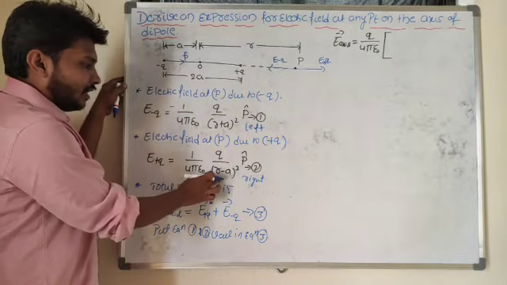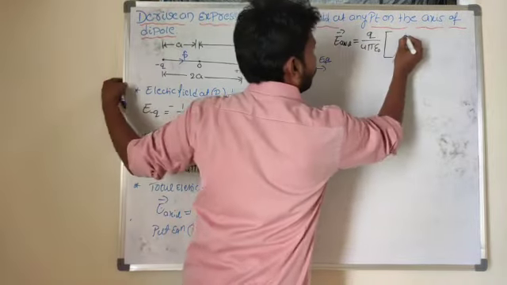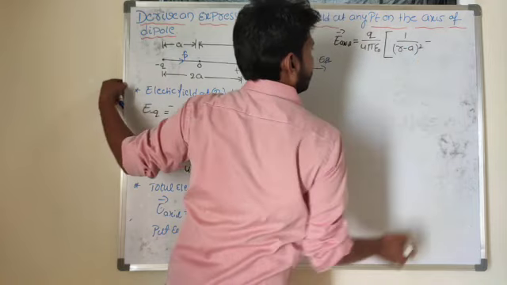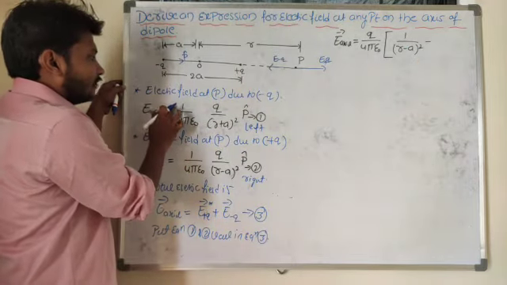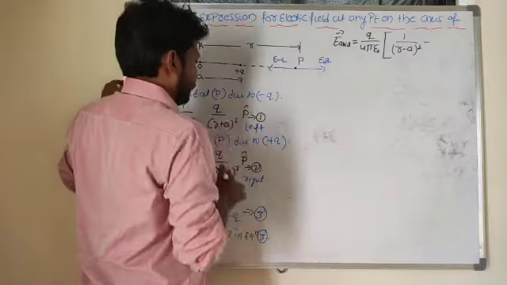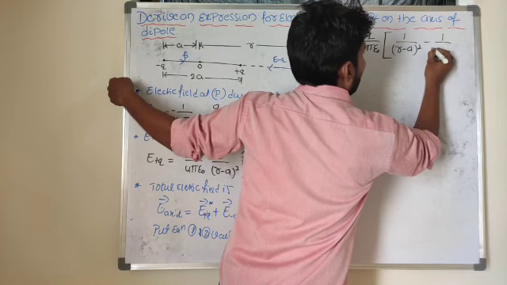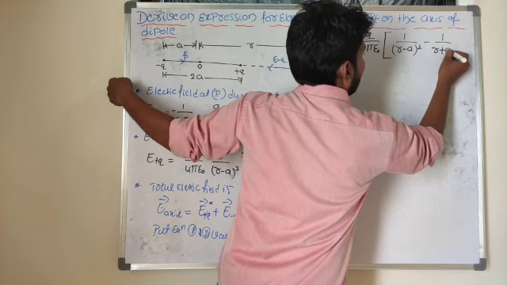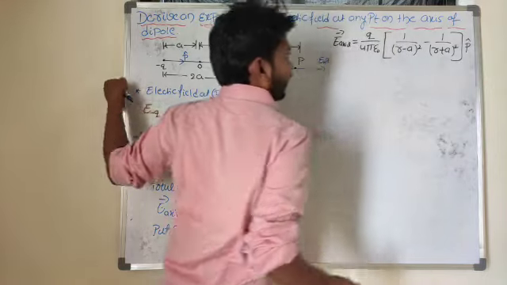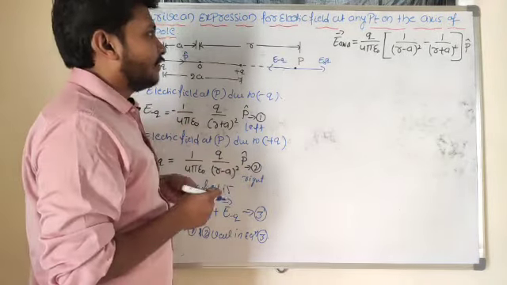So q divided by 4 pi epsilon naught, 1 divided by (r minus a) whole square, minus, why? Because for the negative charge I consider a negative sign here, minus 1 divided by (r plus a) whole square into p cap here. Now I will simplify that equation.